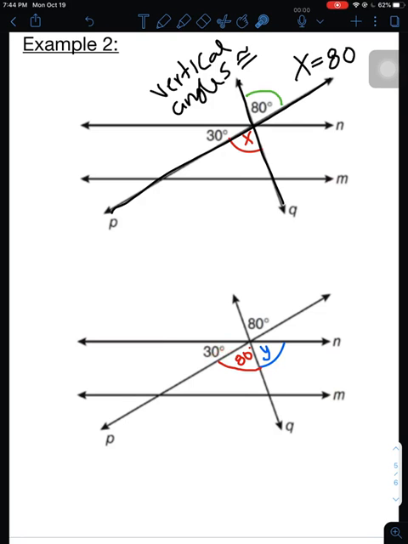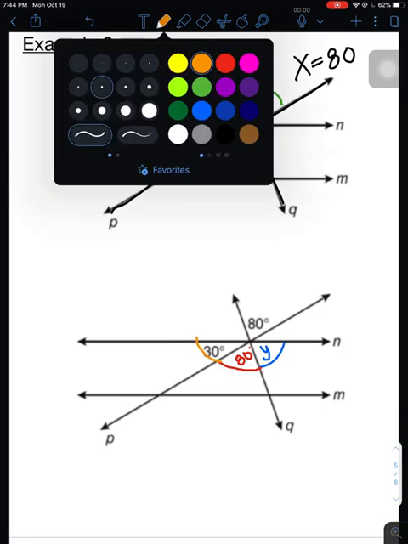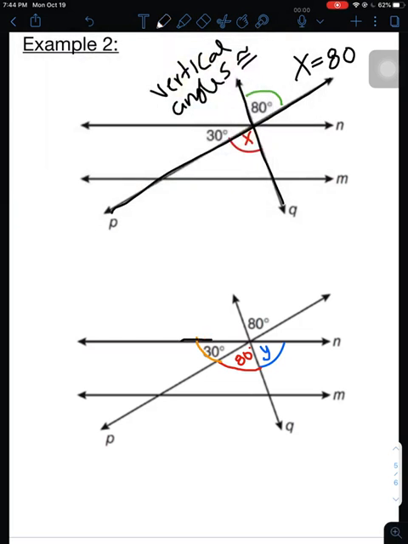Now, we are gonna have to use this 30 over here. Why? Let's say we put all these three angles together. These three angles fit together like a puzzle to make half a circle, or to make a straight line down here, right? That means that these three are gonna add up to 180. Three of them are supplementary.